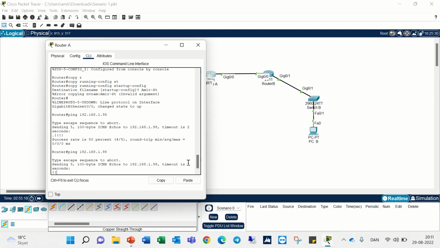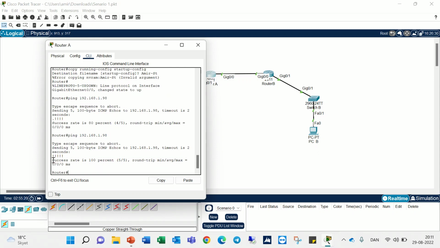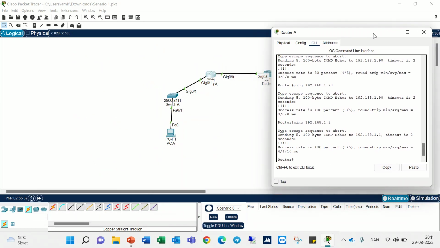And you can see here, success rate is 100%, and router A can ping router B at this IP address. And also we can try other devices here, for example 11, and also one we have.